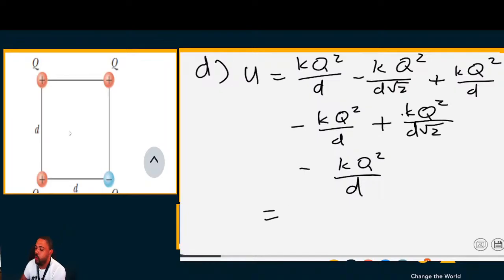And if you add them all up, you will find that there's 2 kq squared over d's. I must say distance here.